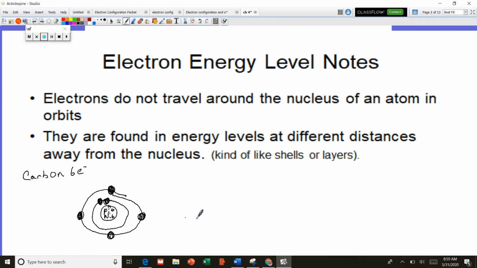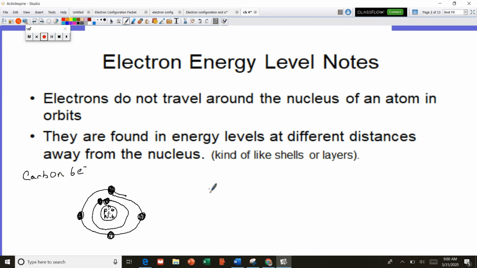What we found is that they travel at different distances away from the nucleus.